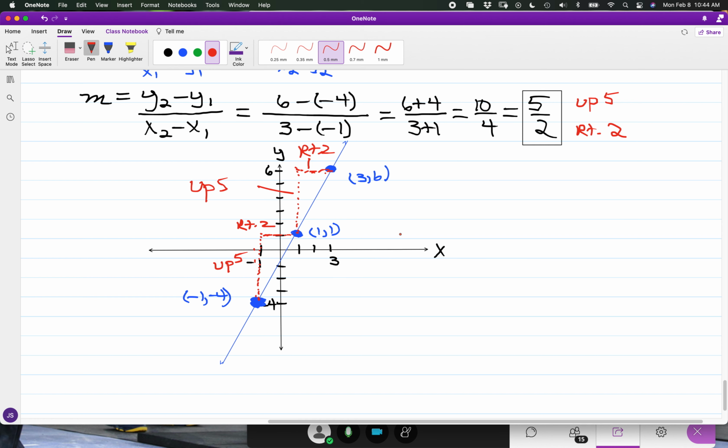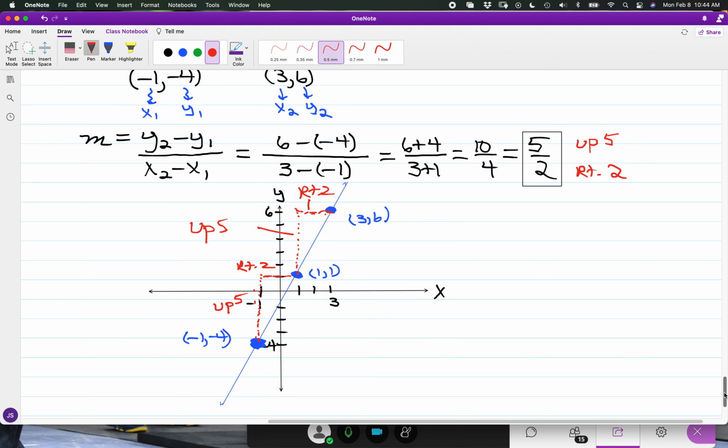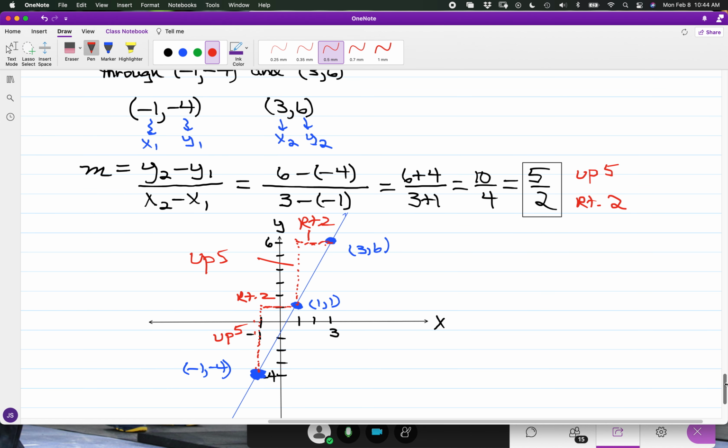And so this is just a visual illustration of the slope and how we progress from one point to the next. And sometimes you might have a little bit of a stretch. We're just in the gradual process, doing a granular breakdown. In the big picture, I went up 10 and to the right 4, but up 5 right 2, up 5 right 2, just a more incremental pathway, but still getting to the final destination.